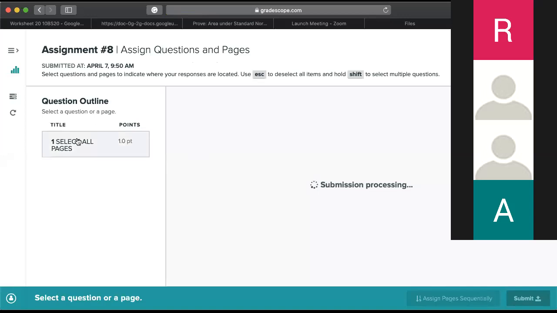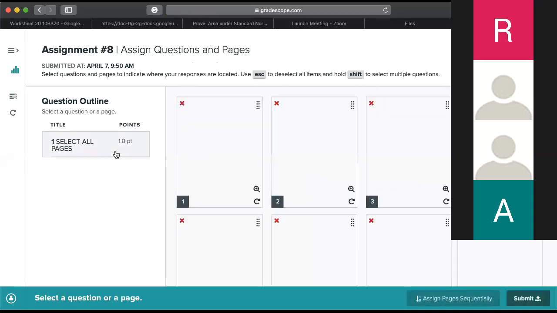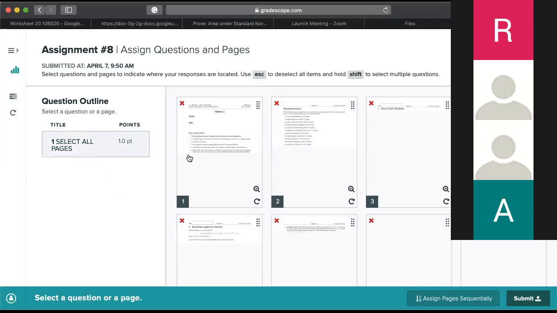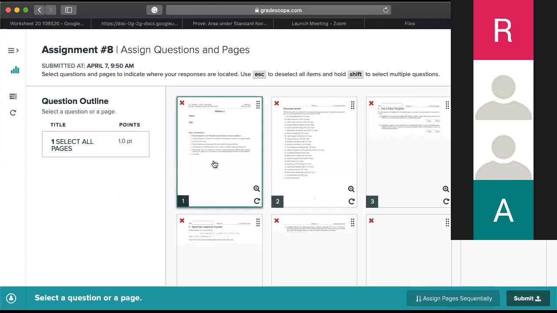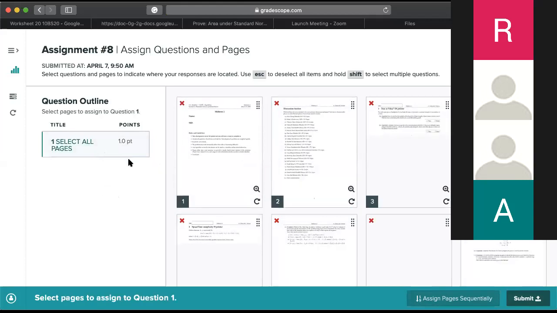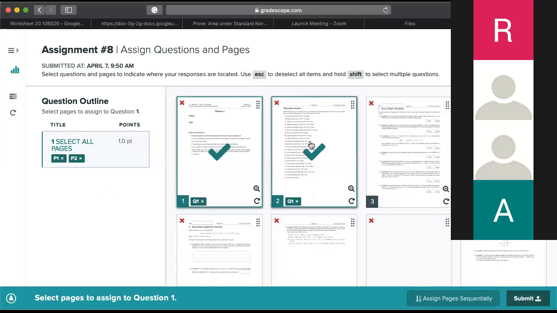Then on the left-hand side, for this assignment, specifically on my other course, it doesn't give you any problems, but it's supposed to have true and false, problem 1 and problem 2 here. So for example, you have true and false in the first 2 pages. You click this and click the first 2 pages. So you successfully assign the true and false problem to the 2 pages.